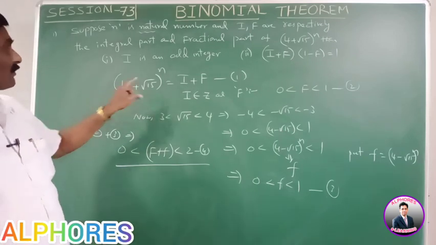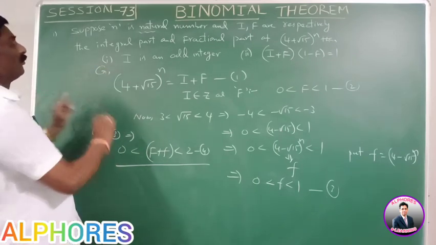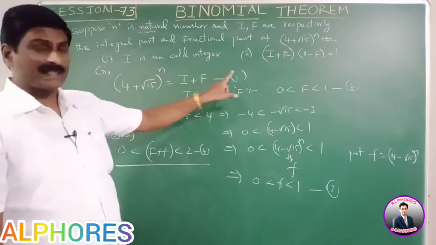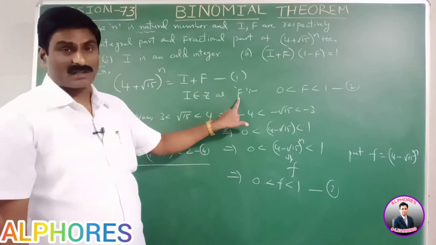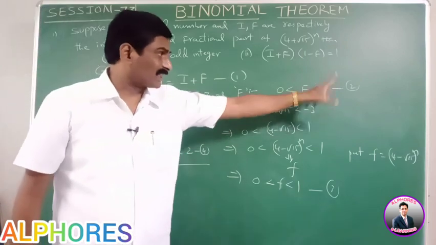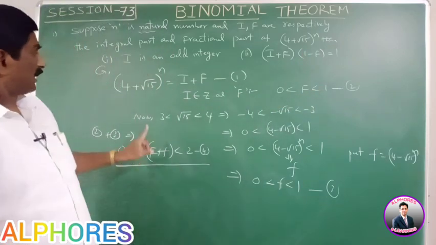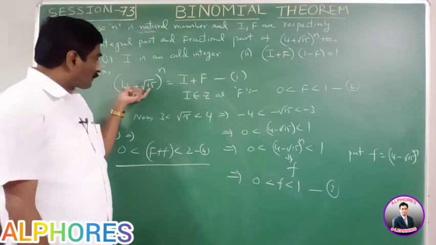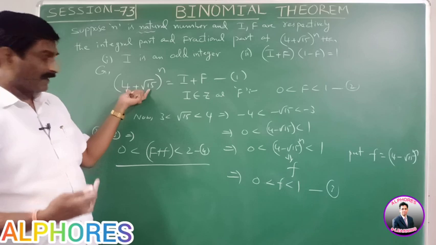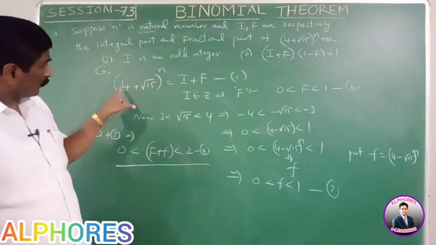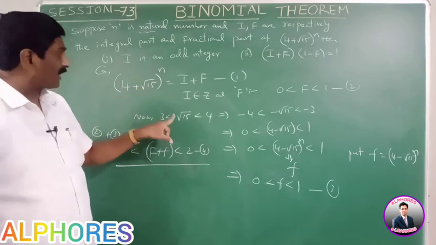From the given, 4 plus root 15 whole power n is equal to I plus F. It is equation number 1. And I is an integer and F is the fractional part. Therefore, 0 less than F less than 1. This is equation number 2. Now, we have the a plus root b form. Now we find a minus root b also. For 4 minus root 15, first, what is the interval of root 15?